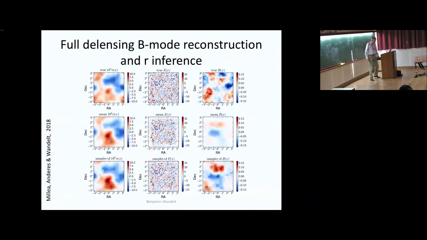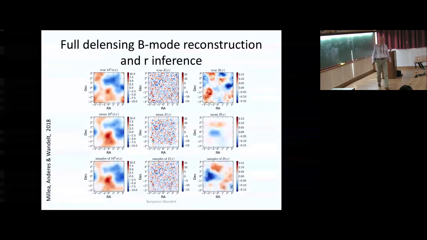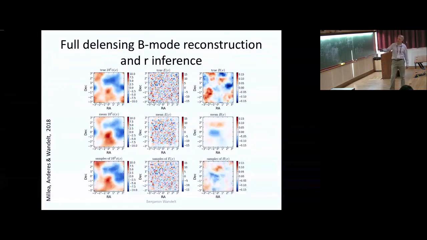So just as a quick flash of a result that we've been working on very recently, which is B modes for the CMB, okay, gravitational wave imprint of gravitational waves on the cosmic microwave background, which is masked by lensing, okay, so you have lensing reconstruction.